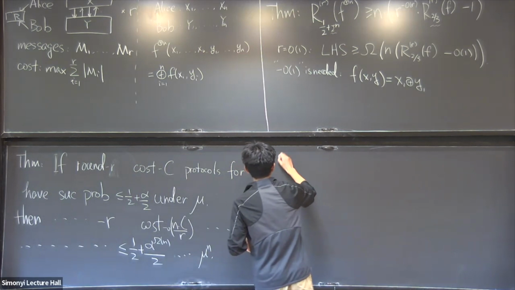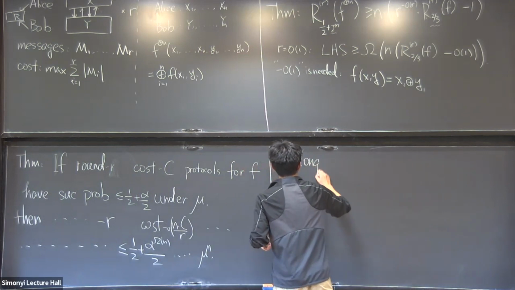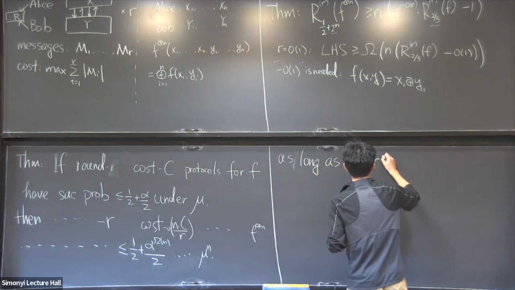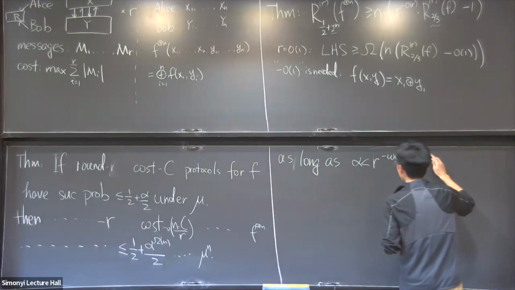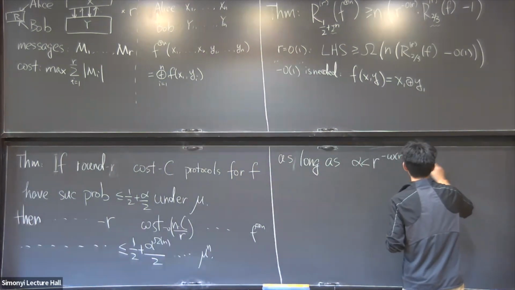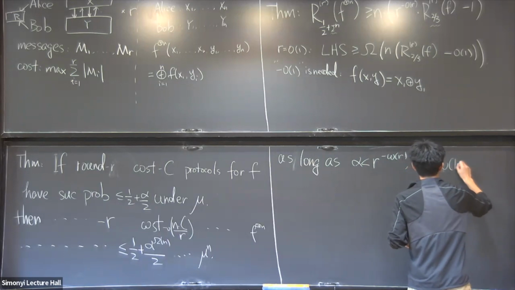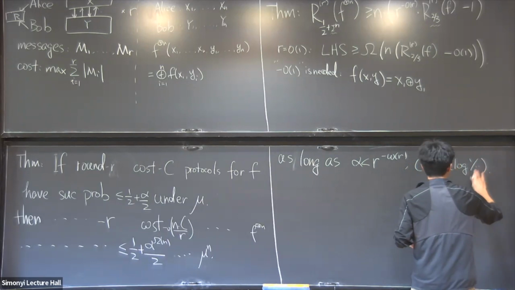This is true as long as alpha is small compared to n and r, and also C is at least log 1 over alpha.